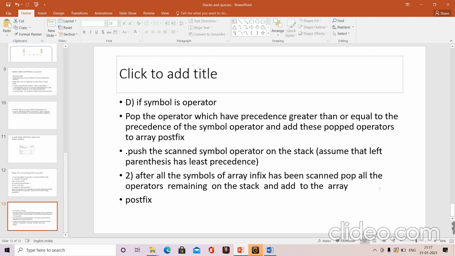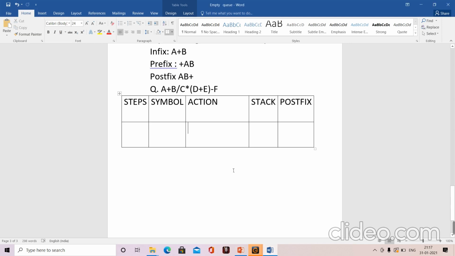So let me take an example. Here I've taken an arithmetic expression. This arithmetic expression is basically an infix expression in infix notation. Now we are going to perform infix to postfix conversion.